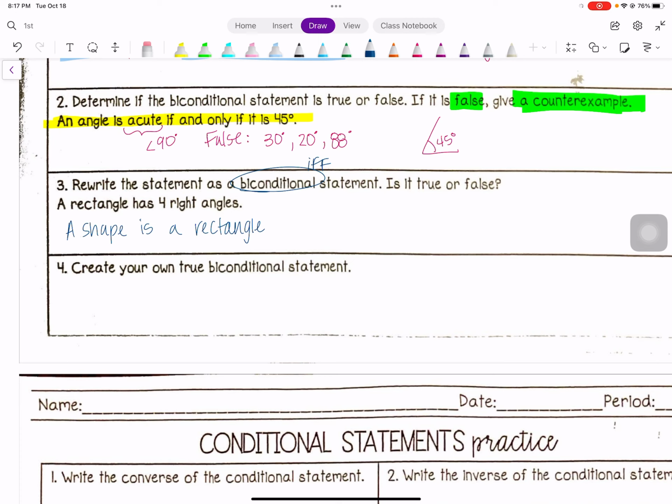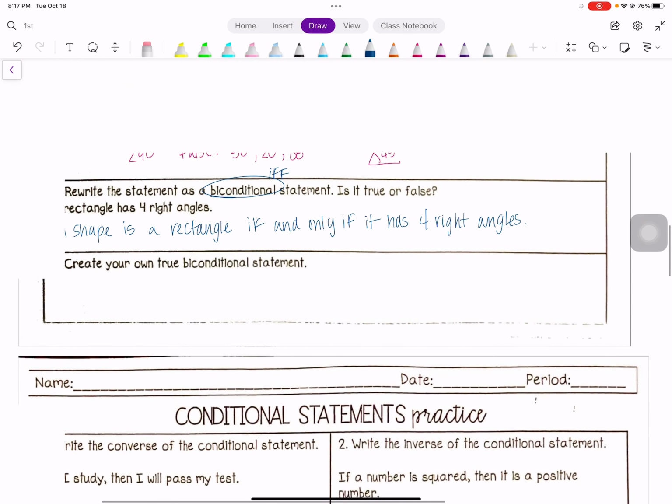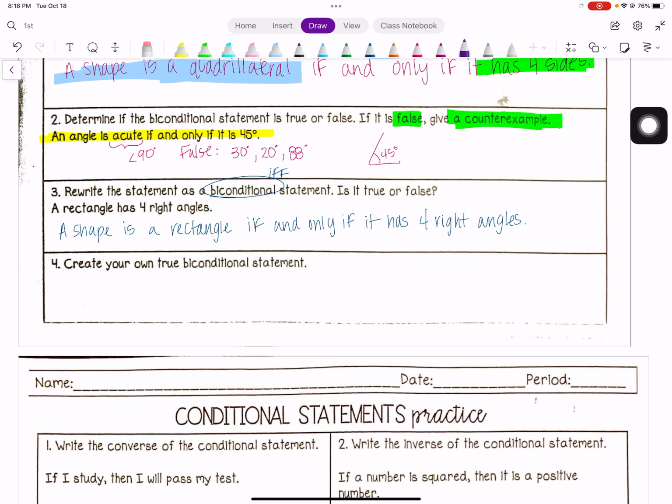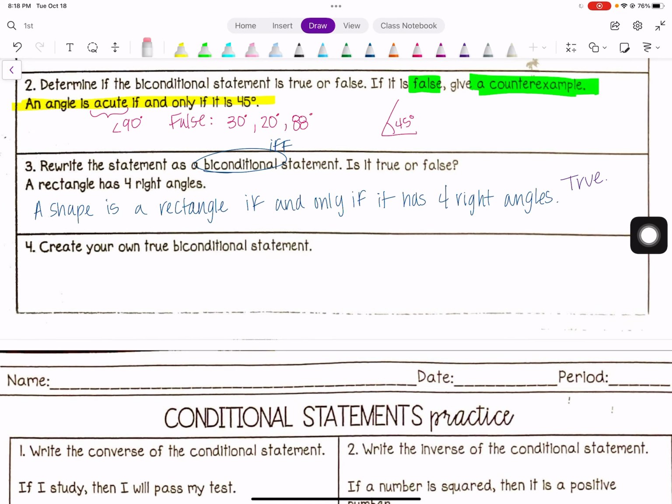So a shape is a rectangle if and only if it has 4 right angles. And this one is true. We will talk about it later because I know you guys are going to say false because of a square. But it is true. Okay. And then it says create your own biconditional statement. We're going to skip that part.